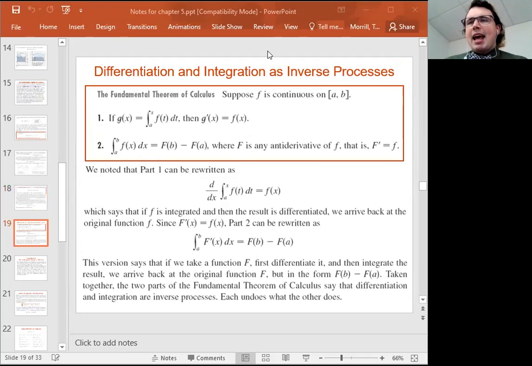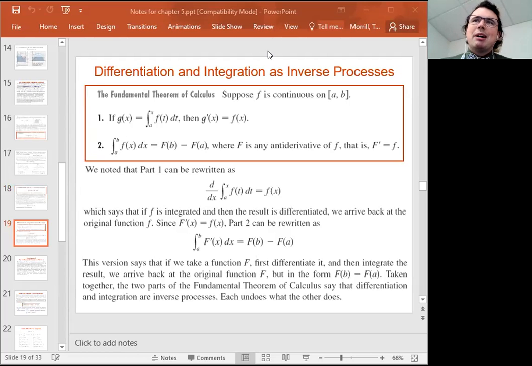We like to think of these as two parts of the same formula, two parts of the same result, because they're telling us very important information about these two different things we've been looking at in calculus: derivatives and integrals.